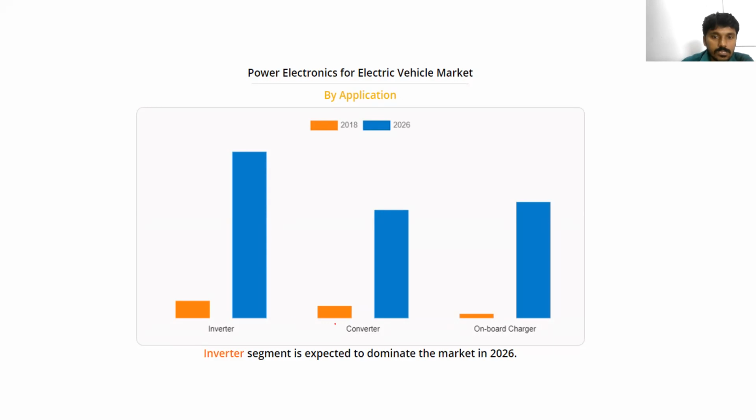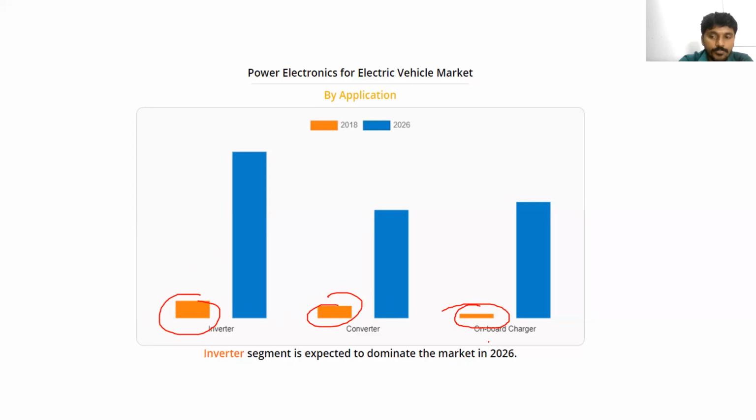By 2026 there is a huge demand for inverters, and also for converters and onboard chargers. We can see here that in 2018 there was very little demand for the inverter, converter, and onboard charger.